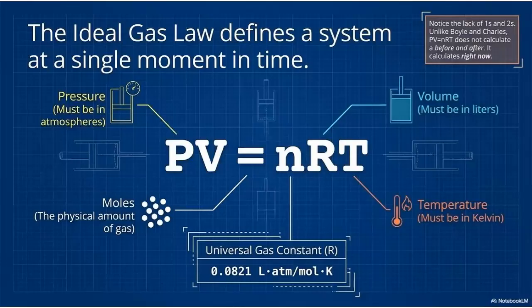It has to be those units because the universal gas constant R is 0.0821 liters atmospheres per mole Kelvin. It has very specific units, and because of that, you have to make sure the variables you're using have the same units so they can cancel out.